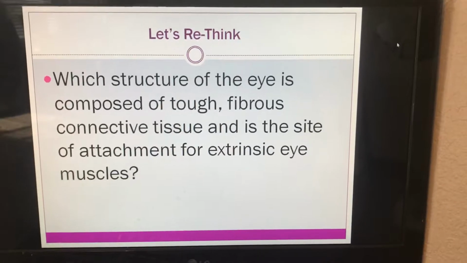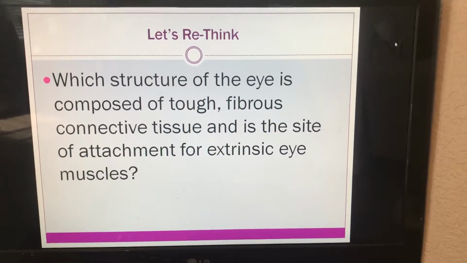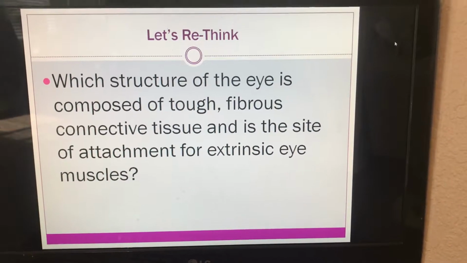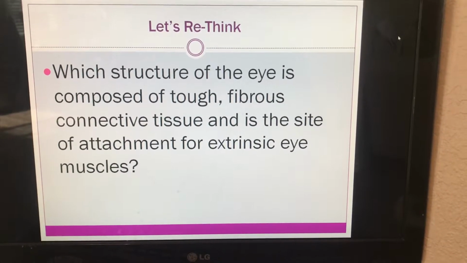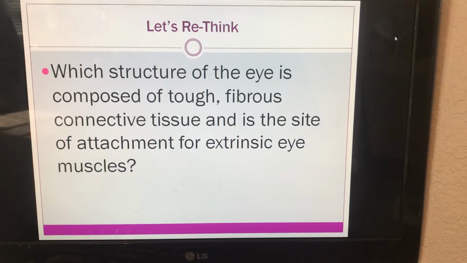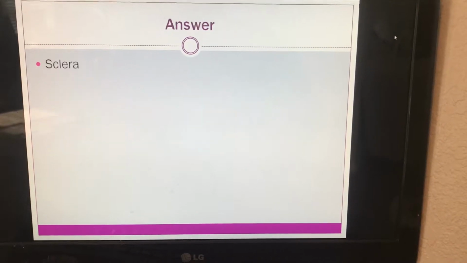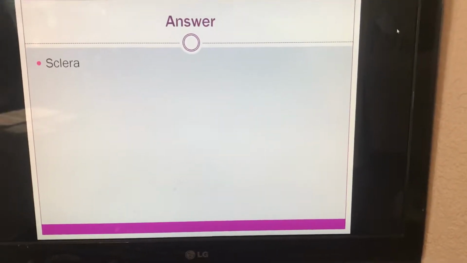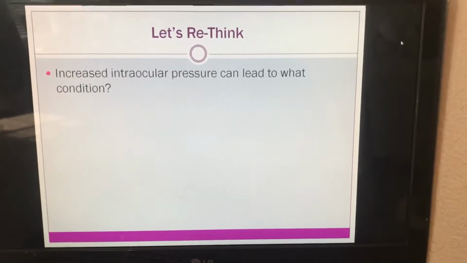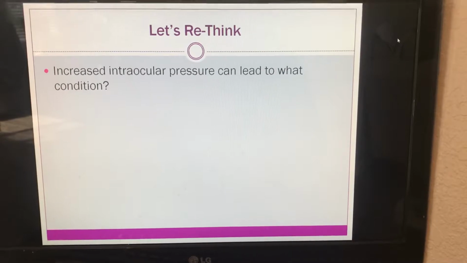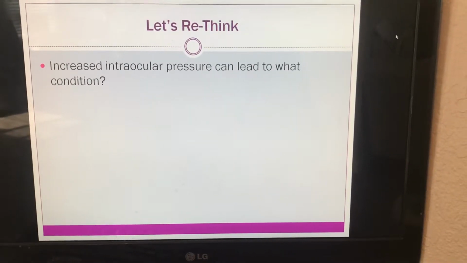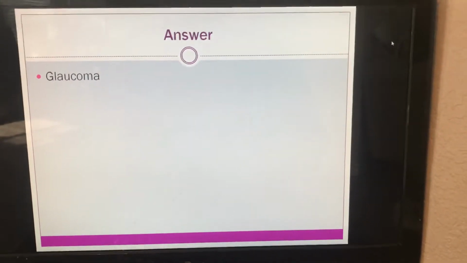Which structure of the eye is composed of tough, fibrous connective tissue and is the site of attachment for extrinsic eye muscles? The sclera. Increased intraocular pressure can lead to what condition? Glaucoma.